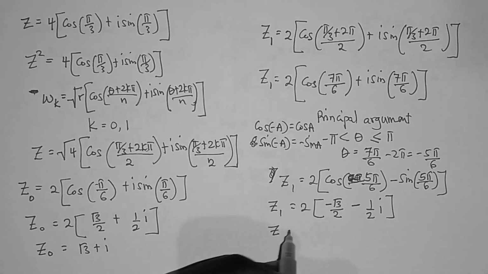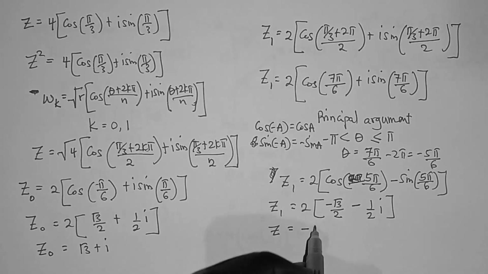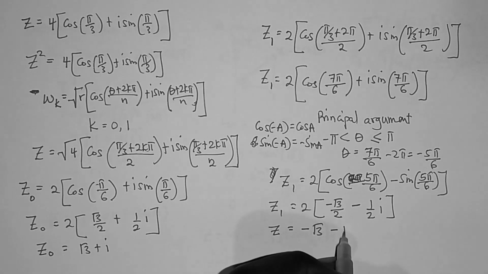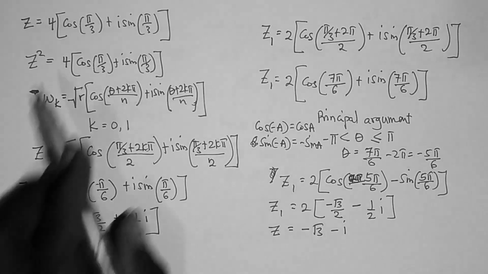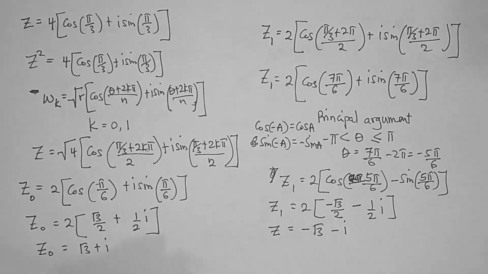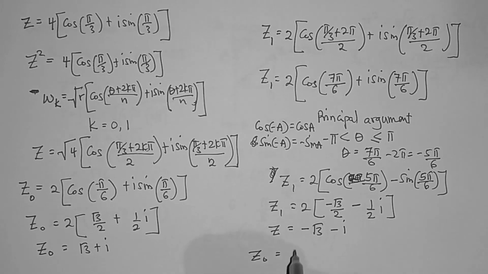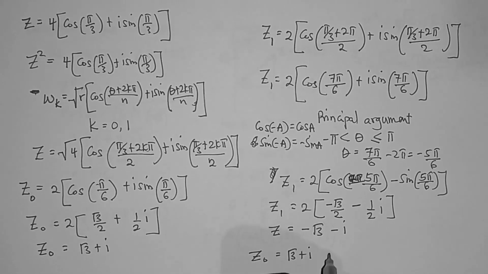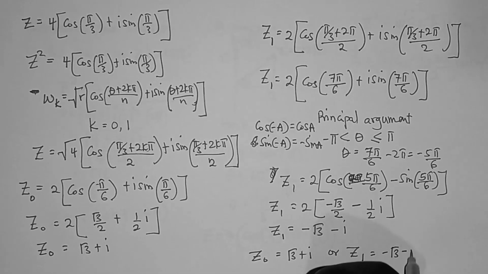And therefore z1 is equal to, if you multiply through by 2, minus root 3 minus i. So the roots of this complex number are z0 is equal to root 3 plus i, and z1 is equal to minus root 3 minus i.